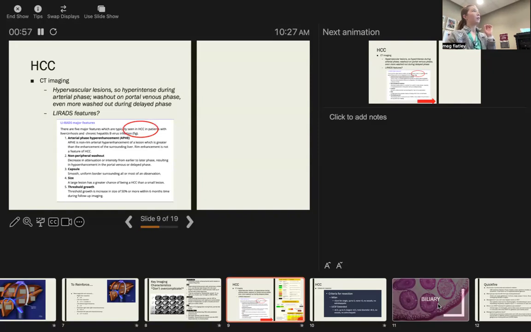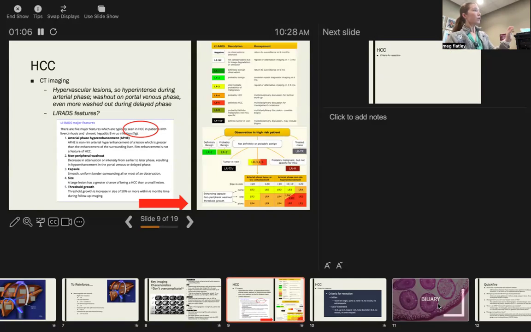Again, LIRADS applies to patients with HCC, and this needs to be in the context of someone with cirrhosis. And so based on someone's LIRADS score, which we can see kind of summarized here, this will help provide a scoring system to give some help with management, basically.